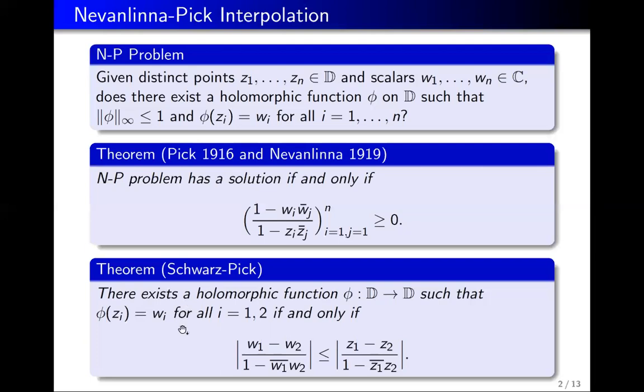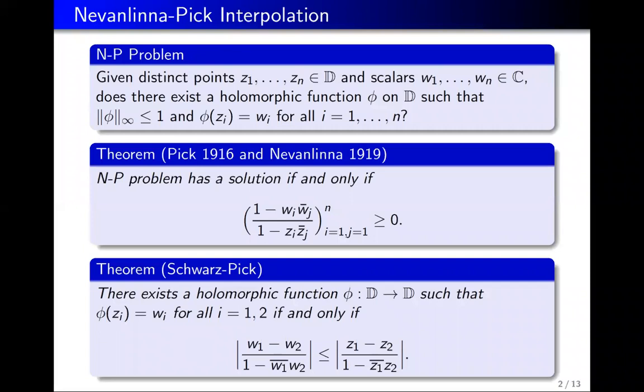And so a particular case of this Schur-Agler theorem: if you take Z1 to be 0 and W1 to be 0, meaning you are looking for a holomorphic function from disk to disk which fixes the origin, and take Z2 to W2, then Schwarz's lemma actually tells you how the function will look.